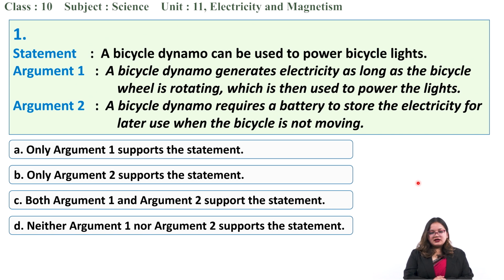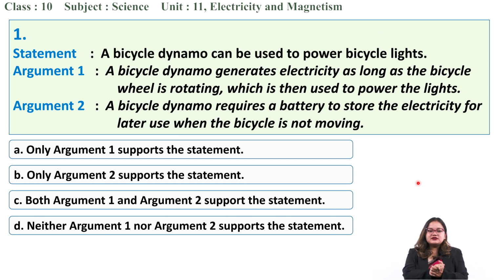Argument 1: a bicycle dynamo generates electricity as long as the bicycle wheel is rotating, which is then used to power the lights. Argument 2: a bicycle dynamo requires a battery to store the electricity for later use when the bicycle is not moving. Let's look at our options.